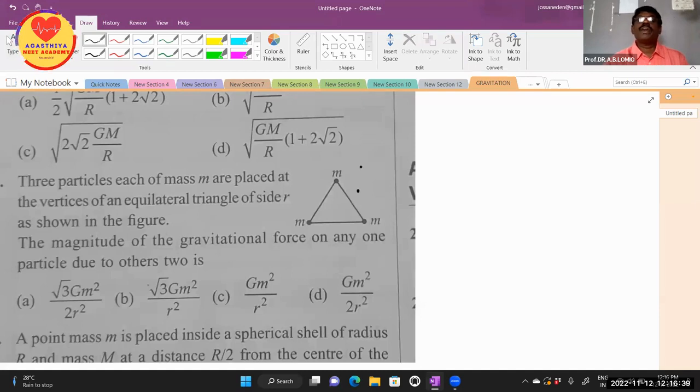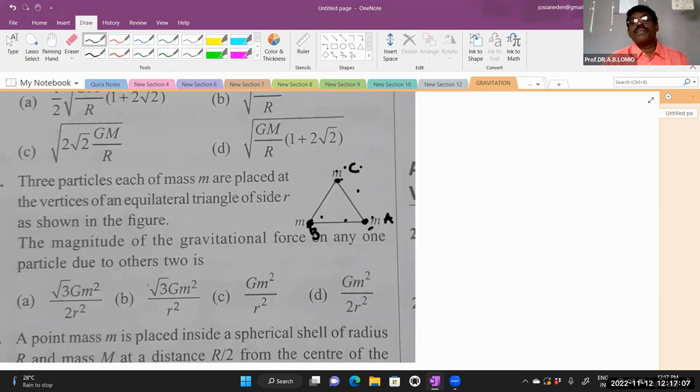Students, can you try? They are asking the gravitational force on any one mass. Say this is A, this is B, this one C. The question is to find the magnitude of the gravitational force on any one of the particles due to the others. I'm taking A as the reference.